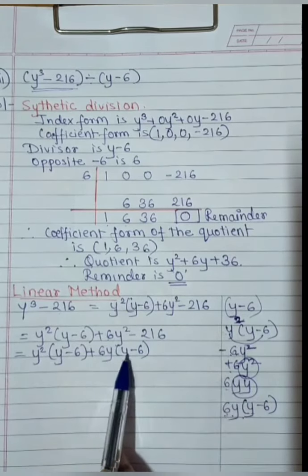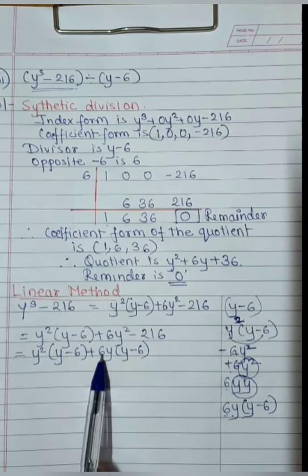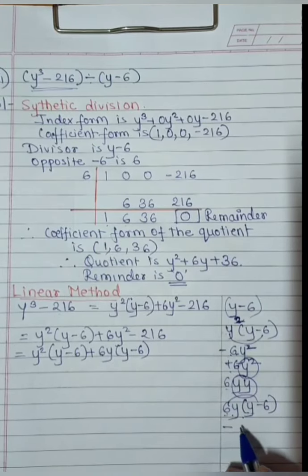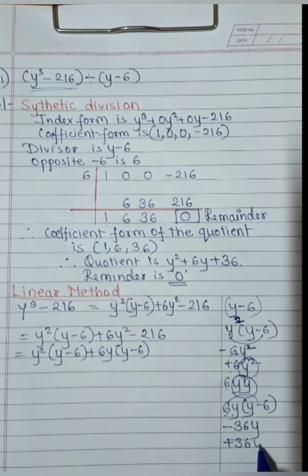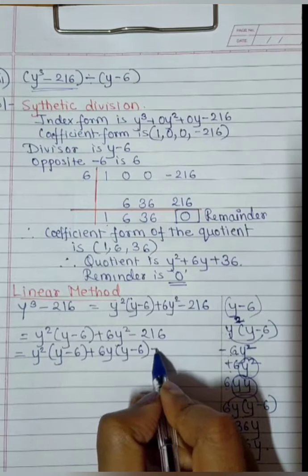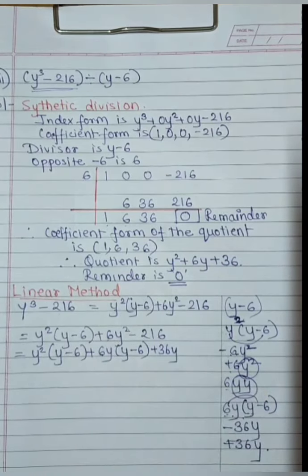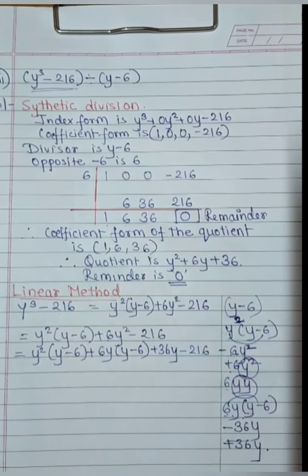When we multiply both, we will get 6y square, and we will get minus 36y. So we will change the sign and get plus 36y. So I am writing here plus 36y, and the remaining minus 216. Okay, I hope you are understanding.